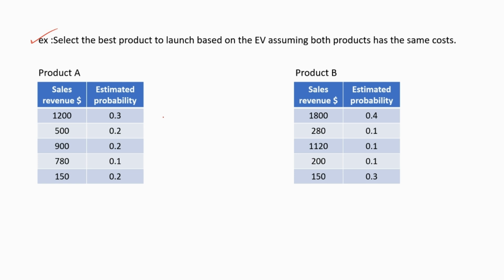So what we have to do is calculate the expected values for each product. Expected value equals sigma x p. So they have given the sales revenue and the estimated probability. So we can calculate the expected values for each outcome by multiplying the sales revenue by the estimated probability.